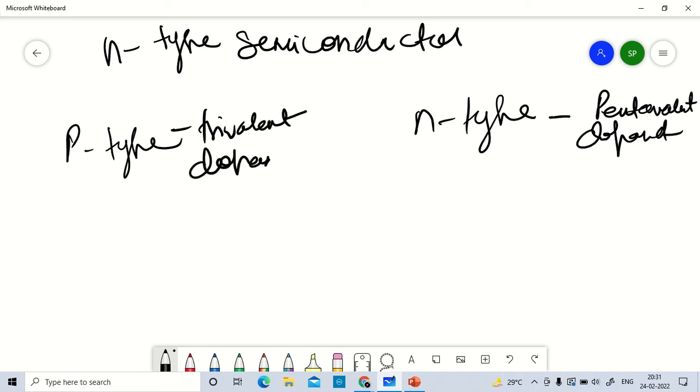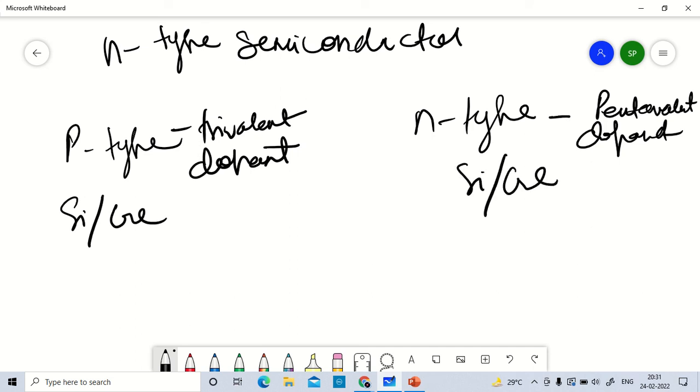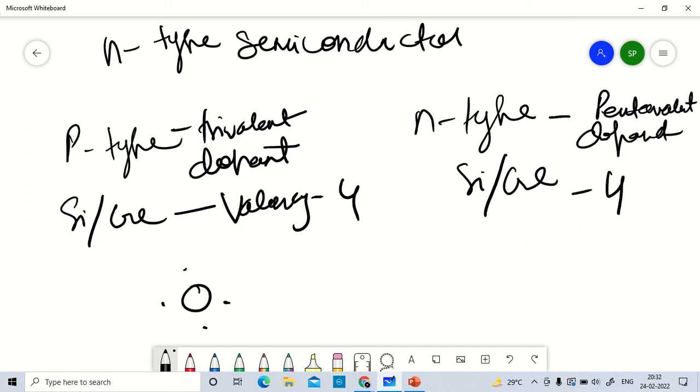And we know that these dopants are combined with either silicon or germanium, both of which have valency 4. So for p type, trivalent, we only have 3, right? So one is going to remain, and this is going to be a hole.